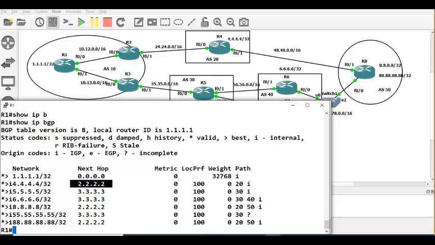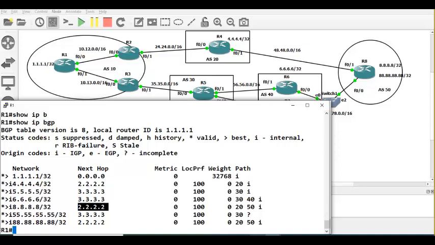Whereas for 5, it goes via the bottom path, router 3. 5.5.5.5, it goes via the bottom path. 8 and 88, it goes via router 2. Router 2 is the exit because of the shorter AS path.